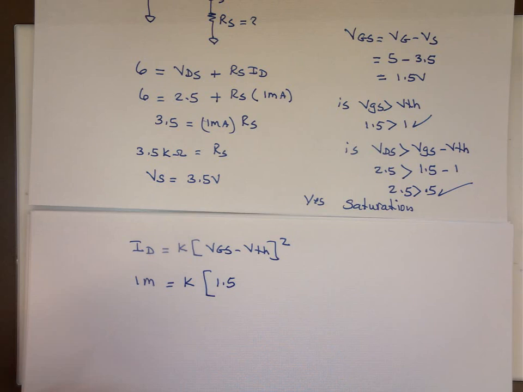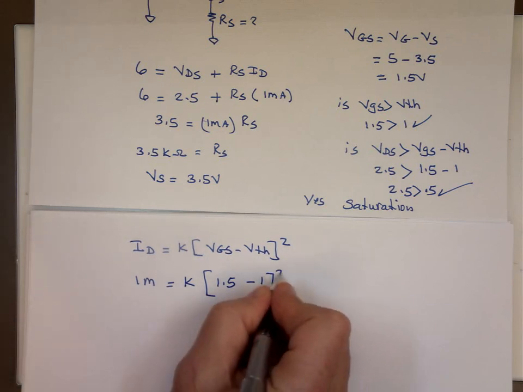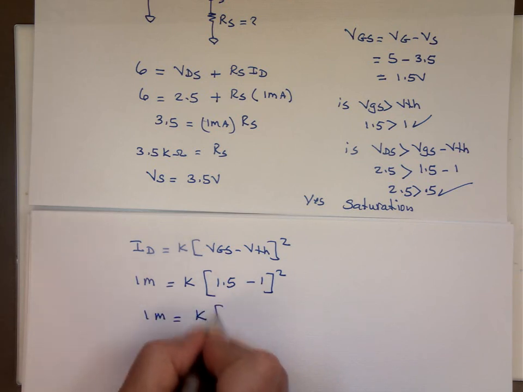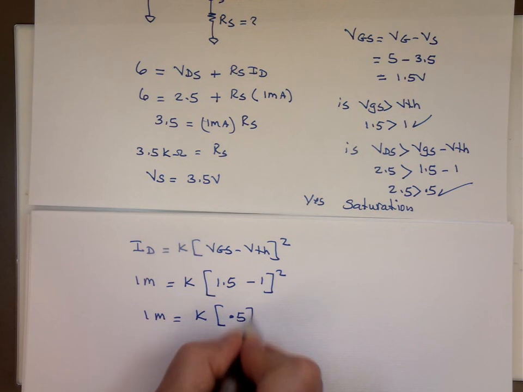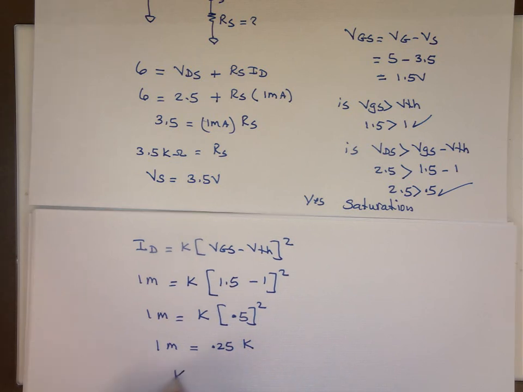The threshold voltage, that happens to be 1. 1 milli equals K times 0.5 squared. You square the 0.5 is 0.25. And what is K equal to? Divide by 0.25, 4 milliamp per volt squared.